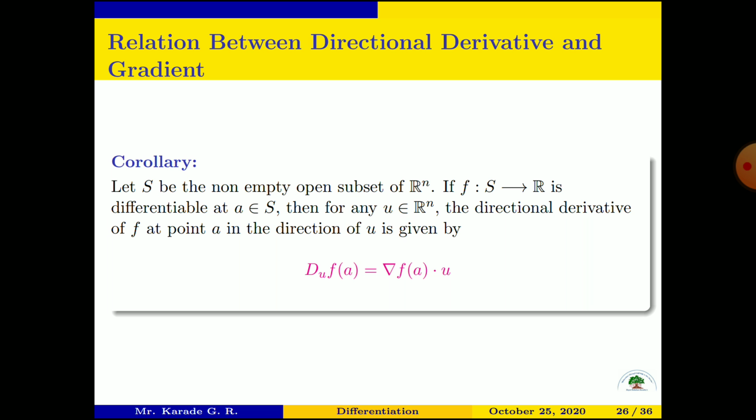Let capital S be the non-empty open subset of Rn, and if f from S to R is differentiable at A belongs to S, then for any vector u belongs to Rn, the directional derivative of f at point A in the direction of u is given by the gradient of function f at point A dot product with vector u.